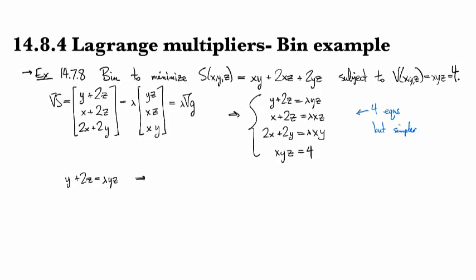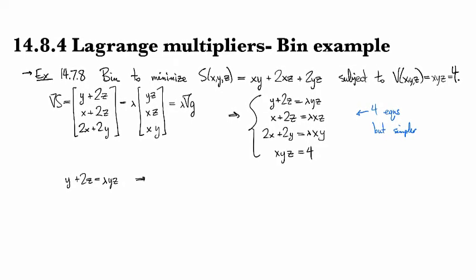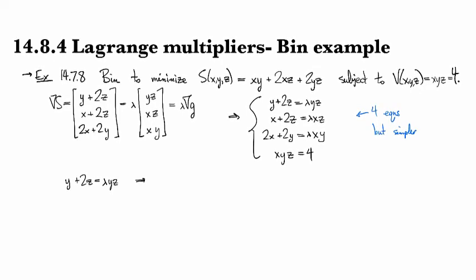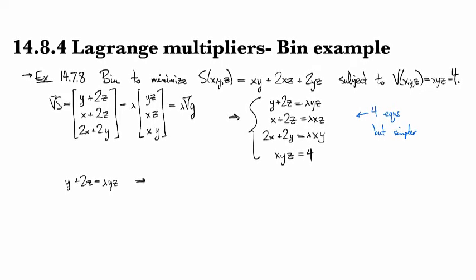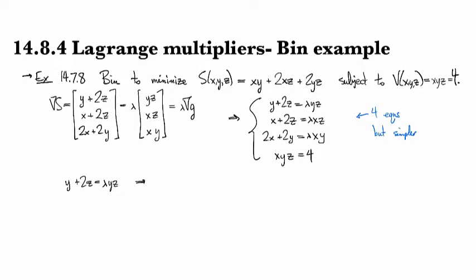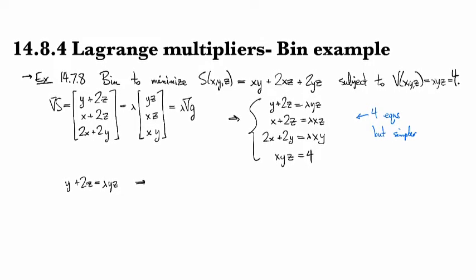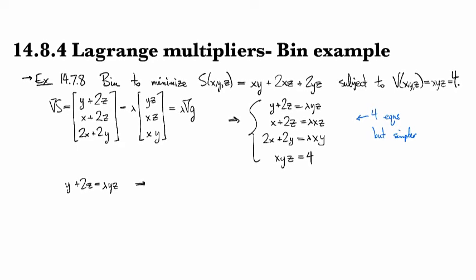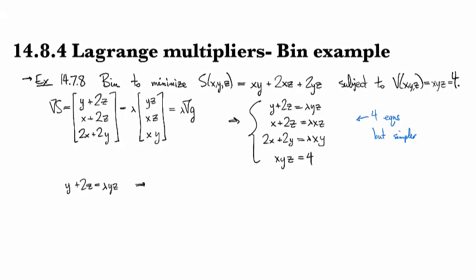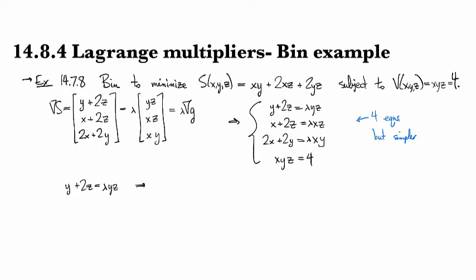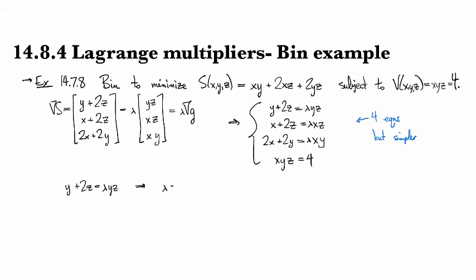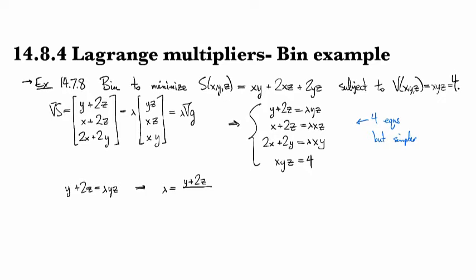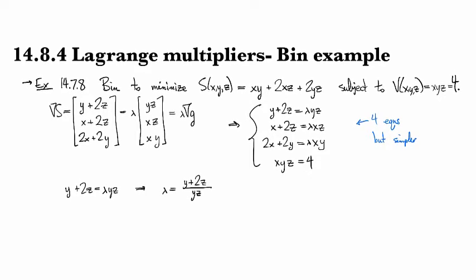In general, it's a handy technique to solve all of your equations for one variable and then eliminate it. And since we don't actually need the value of lambda, it's often nice to eliminate lambda. So I'm going to rewrite this as lambda equals y plus 2z over yz.